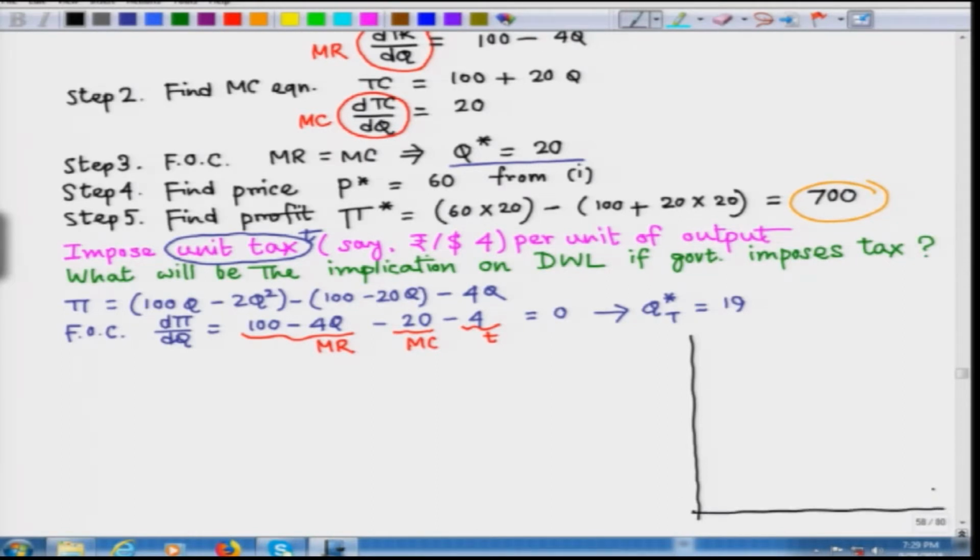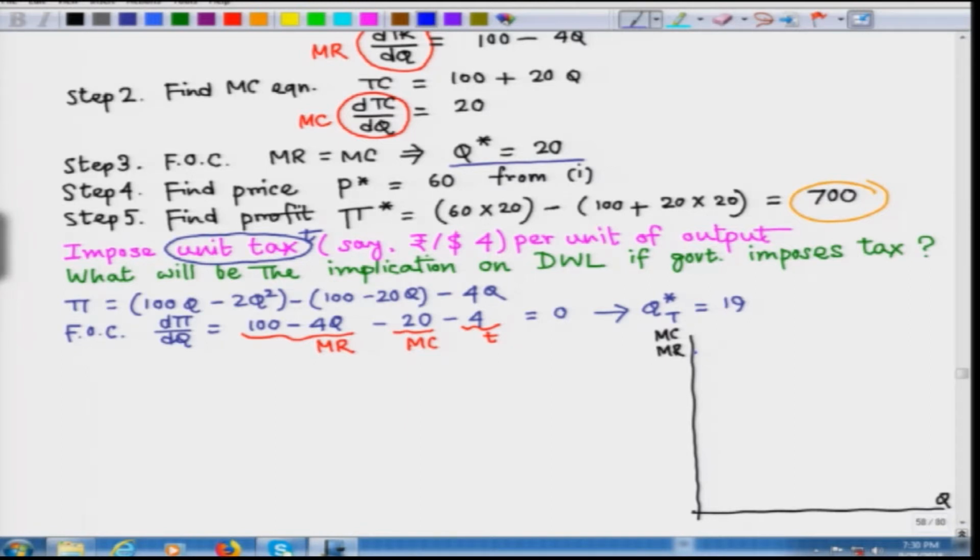Okay. So, this is my monopoly output q, okay, and I plot my marginal cost and marginal revenue etcetera here along the vertical axis as usual. So, let us first plot the demand function. Okay. So, here the demand function has an intercept of 100 along the MRMC or along the vertical axis, right.